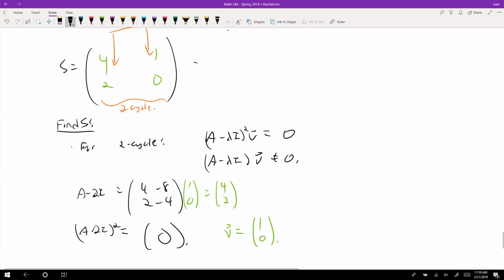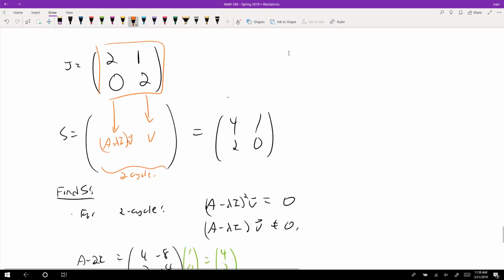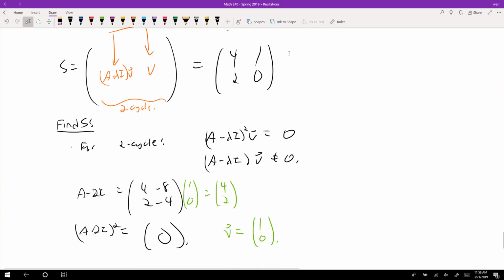So my S matrix is going to be 4, 2, 1, 0. I don't know why I erased this, so let's write those back in. This is V, and this is A minus lambda I times V for a 2 cycle. So I have my S matrix now, and what do I do from there?